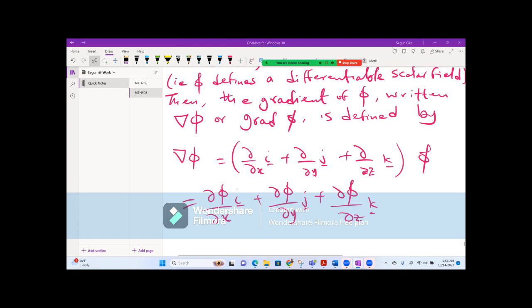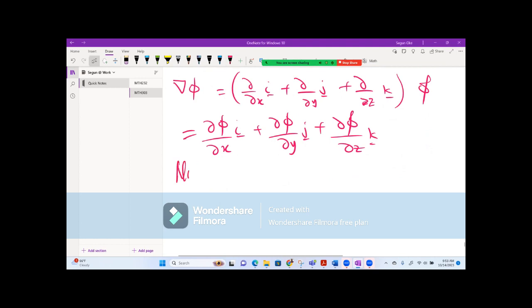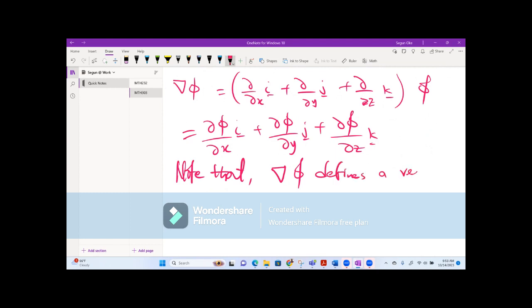Note that del phi defines a vector field. Remember, we're talking about different components.